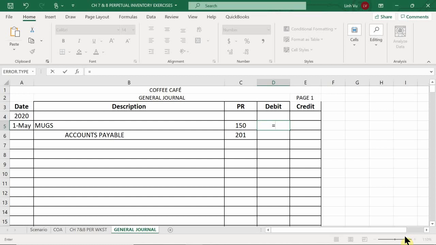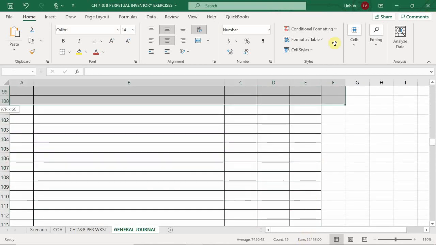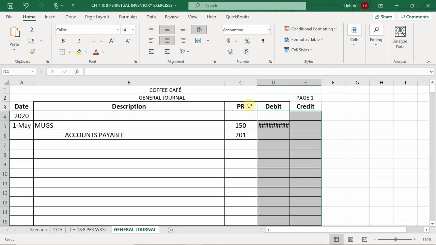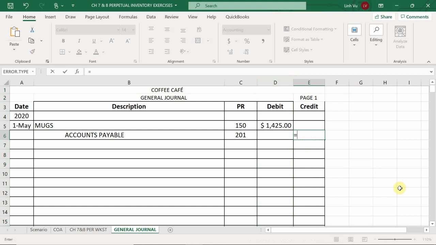Okay, perfect. So 500 times $2.65 should give you 1,325 plus the 100, right? 1,325 plus 100 gives you 1,425. Okay. Format this however you like. I think right now my current favorite is using the accounting format, just so you can see the actual money.